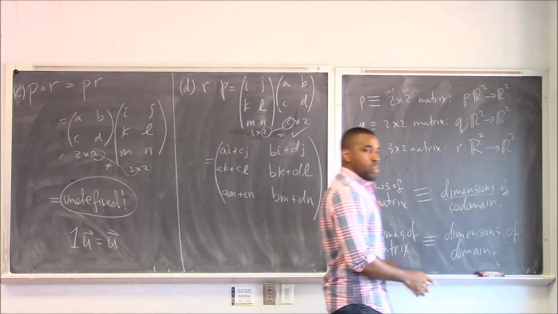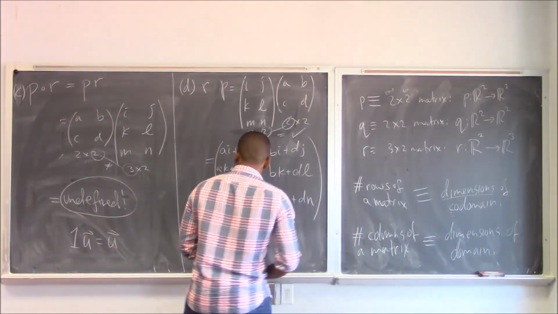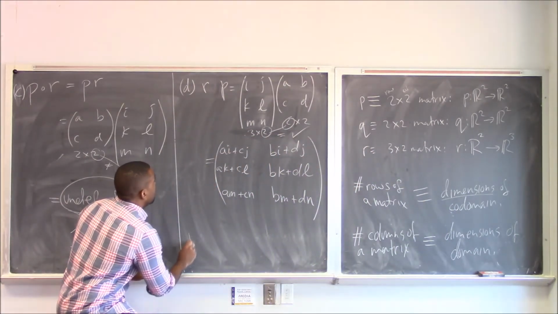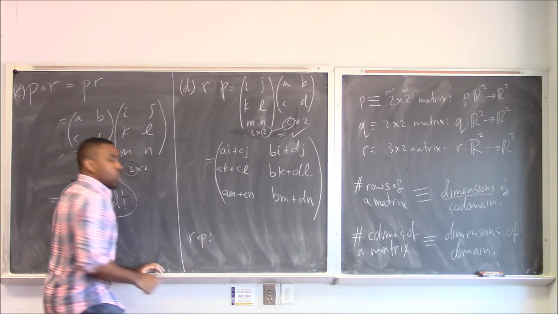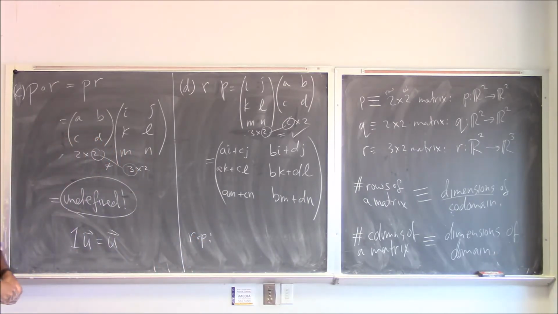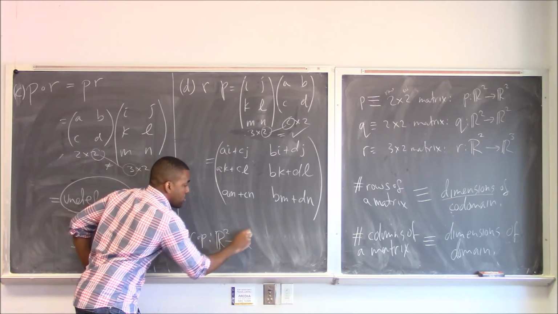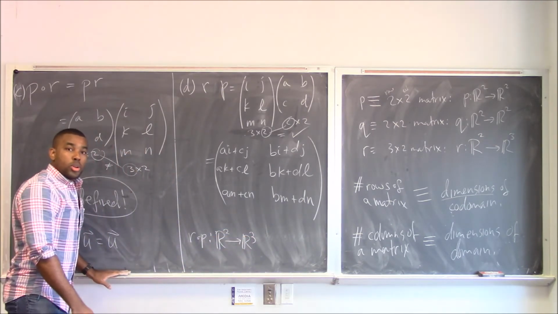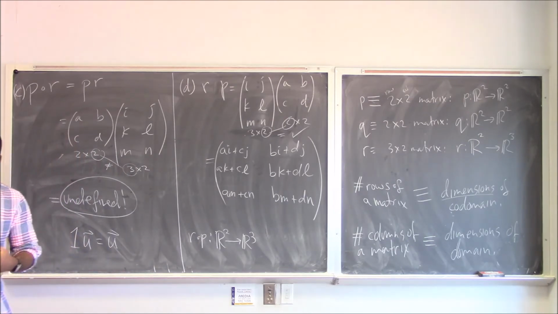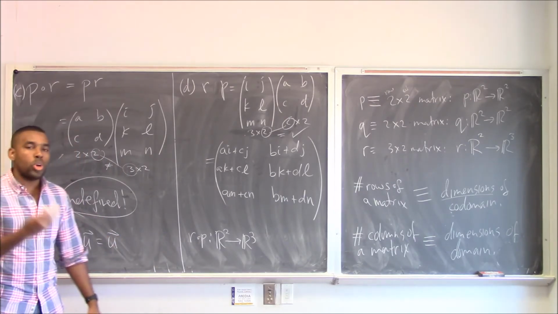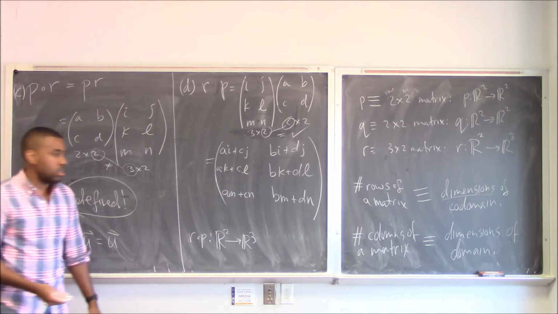Now let's look at our function R of P. Where did it start and where did it end? We know that it started at R2 and it went all the way to R3, right? So if I take this matrix interpretation and extend it to R of P, what should I expect the result to look like?